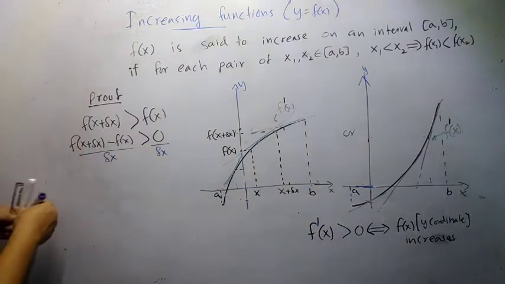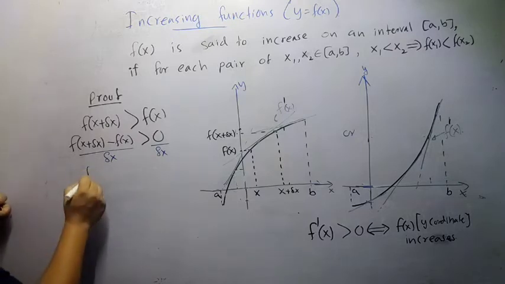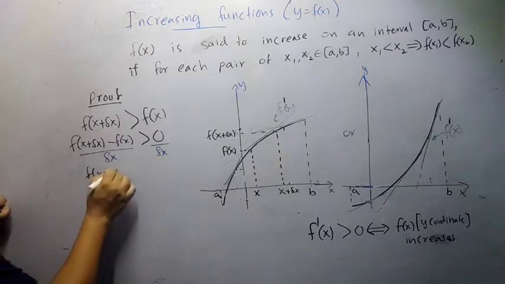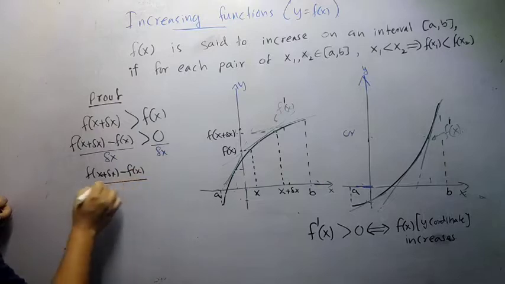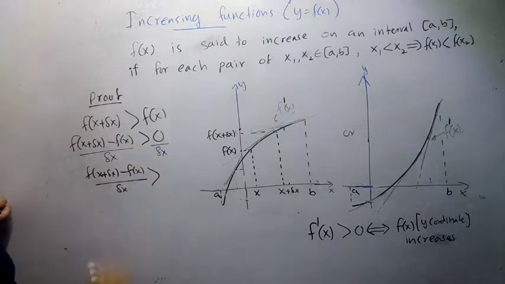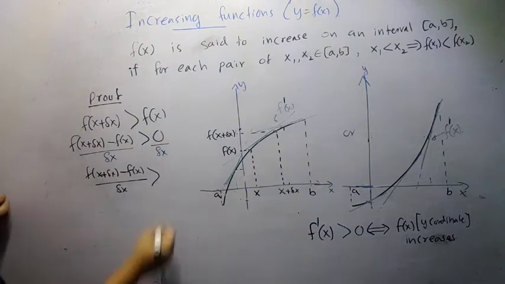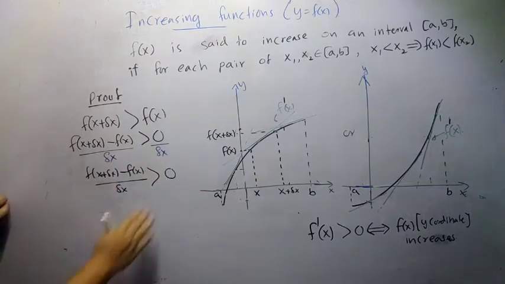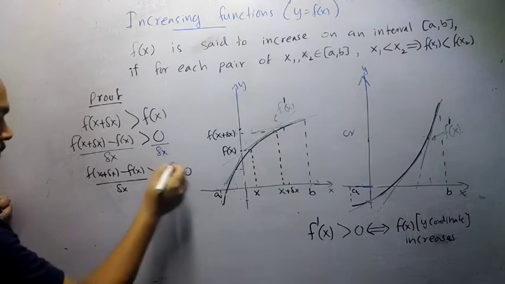Right. So let me write it down again: f of x plus delta x minus f of x, divided by delta x. So what do you get when you divide 0 by any quantity? It is 0. So let me write 0.